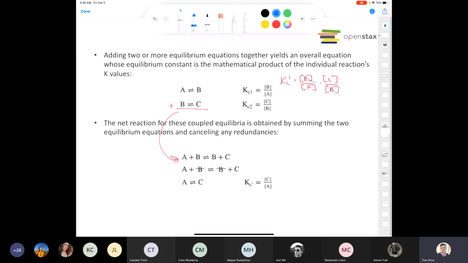The 2 B's are going to cancel, and you end up with Kc prime equal to the concentration of C over the concentration of A, which is exactly what's shown right here. So you just multiply the 2 K's whenever you add 2 reactions together. We could maybe call that rule 3, I guess.